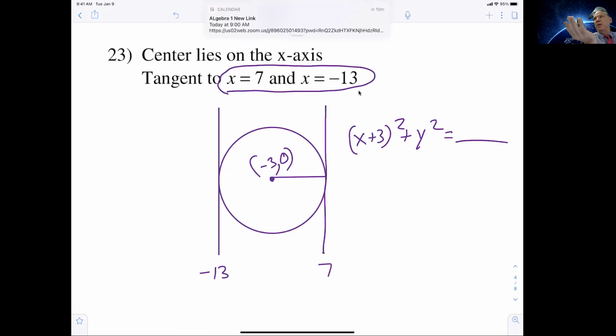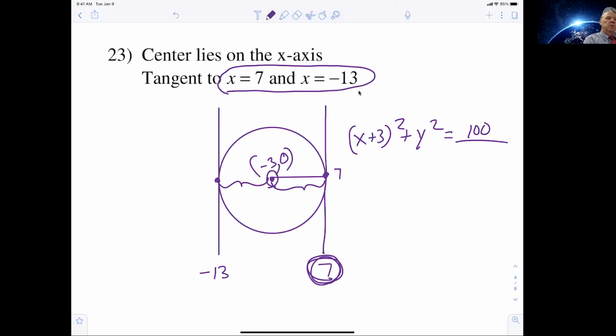Anybody have any problems with that being 10? This right here, the x value is 7. So from negative 3 to 7 is how many units? Or you could say this over here is negative 13. From negative 3 to negative 13 is how many units? You see what I'm saying, right? All right. So again, it's calculate the center and then measure to the point of tangency. And because that was 10, it's equal to what? It's equal to 100.